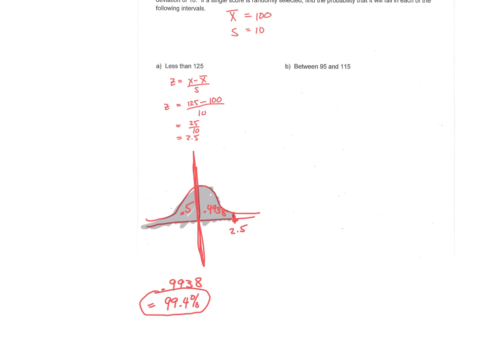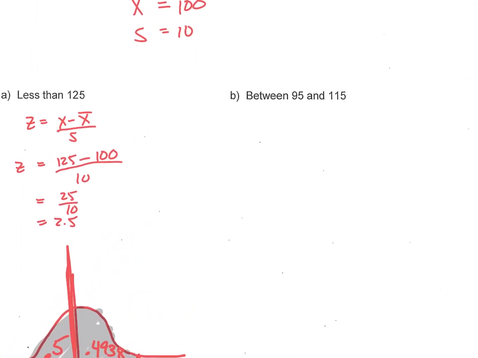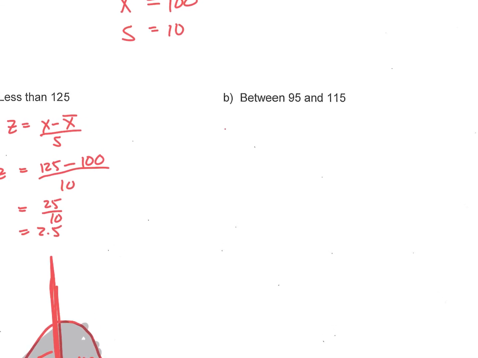The next one is, what's the probability that a person would have an IQ between 95 and 115? So first we have to find each of these corresponding z-scores. So for 95, z would be 95 minus 100 divided by the standard deviation 10. That's negative 5 divided by 10, which is negative 0.5. Then the other boundary is 115, so z would be 115 minus 100 divided by 10.